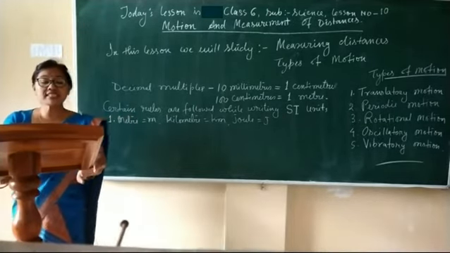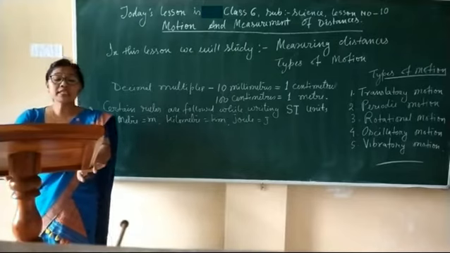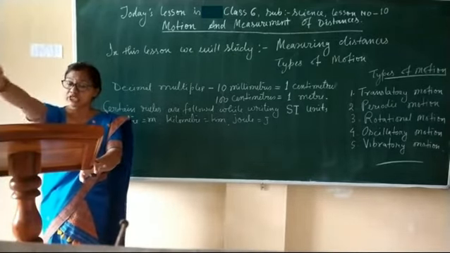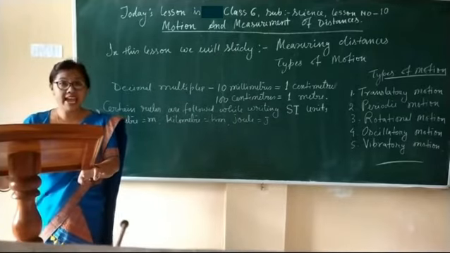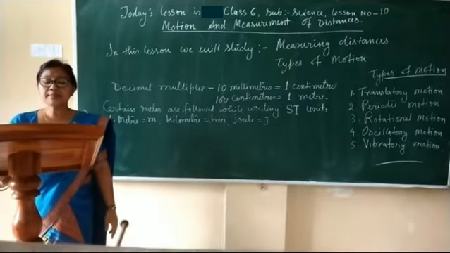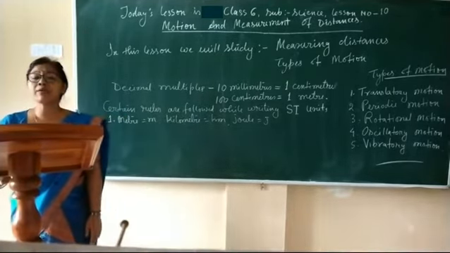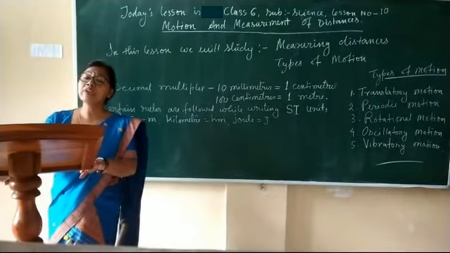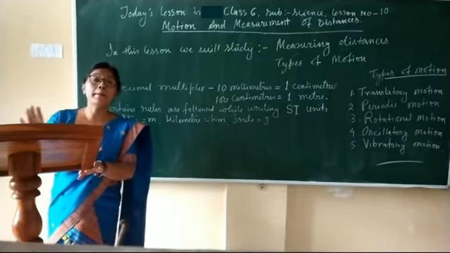A yard was the distance from the tip of the nose to the tip of the palm of a stretched hand. These methods of measurement were not accurate because they would vary from person to person.